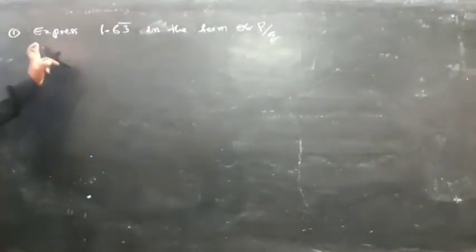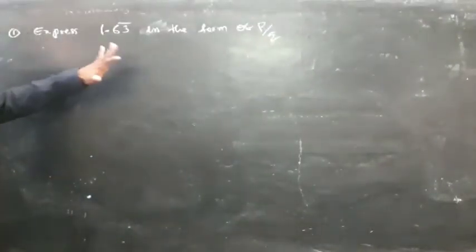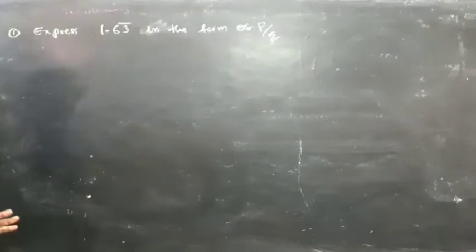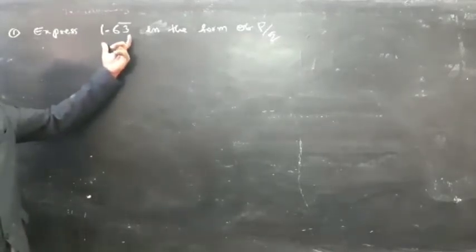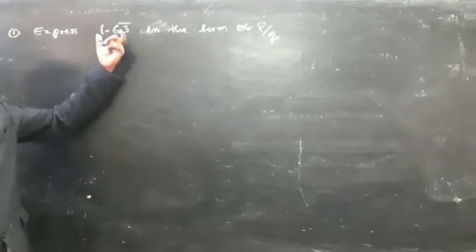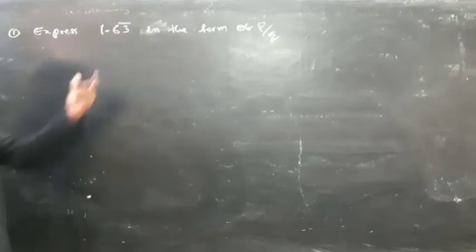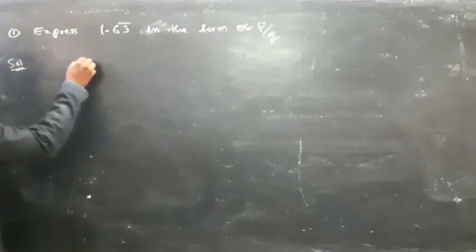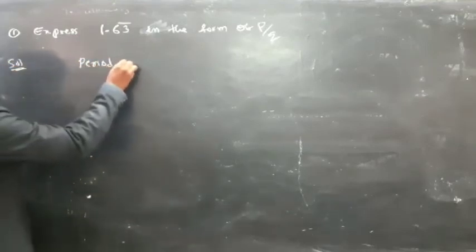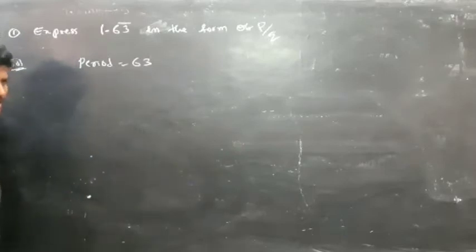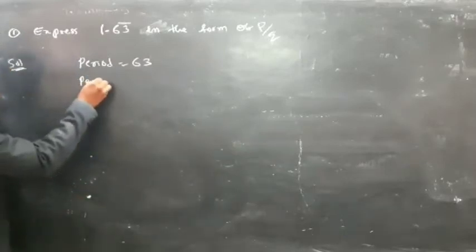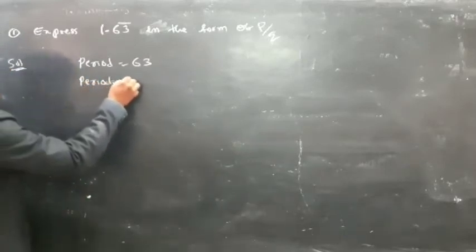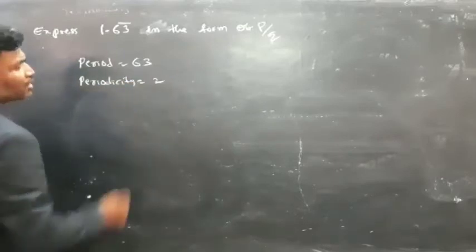Question: express 1.63 bar in the form of p by q. 1.63 bar is a non-terminating but recurring decimal. Solution. First, what is the period here? Period is equal to 63. Then the periodicity is 2.